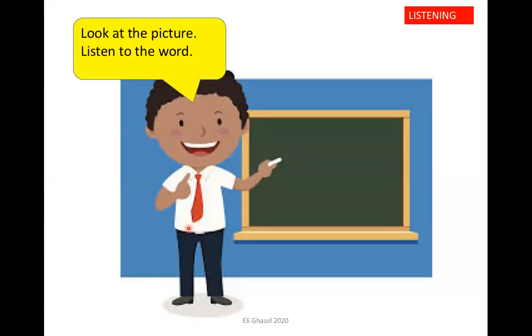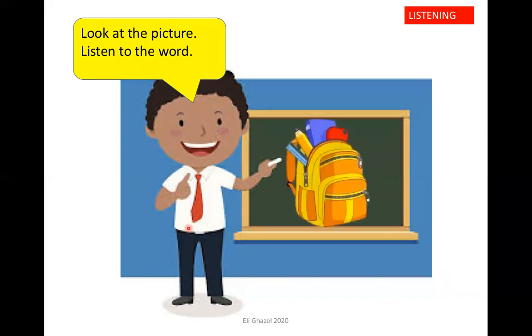Look at the picture. So we're learning the word now. Listen to the word. So you're trying to get them to know the English word for every picture you put. That's why you said look at the picture and listen to the word. And you say bag.